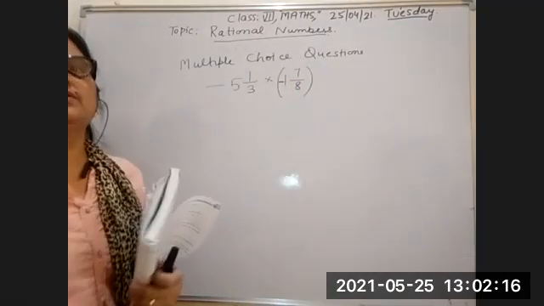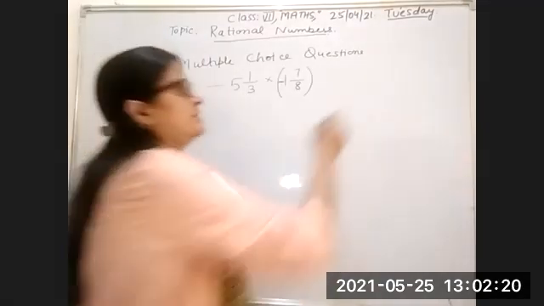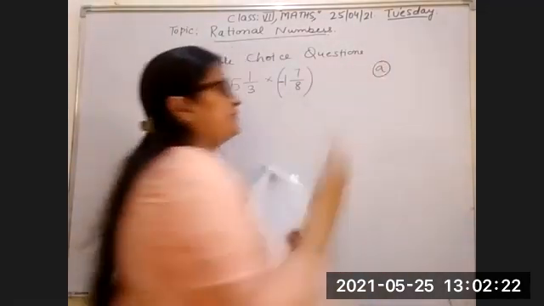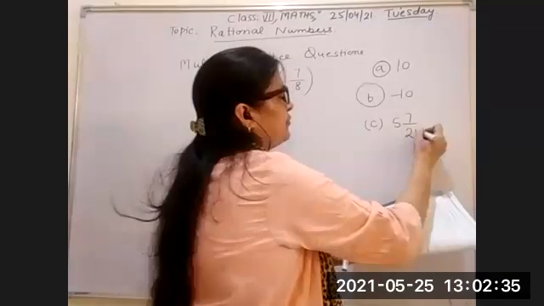How will you solve this question and how will you find the answer? 4 options are given in the question. Option A is 10. Option B is 5 and 7 upon 24. And option D is minus 5 and 7 upon 24.